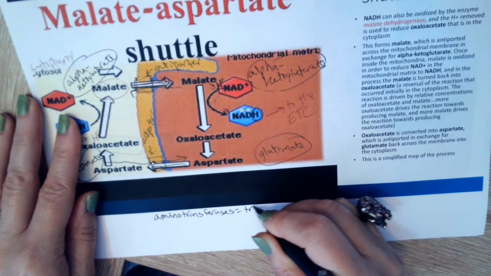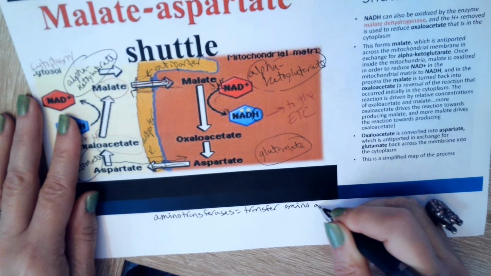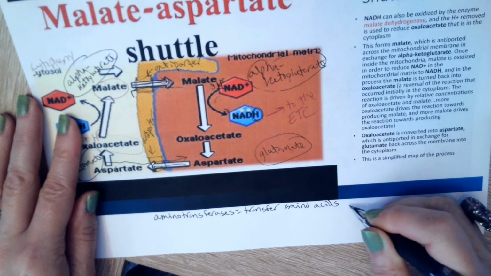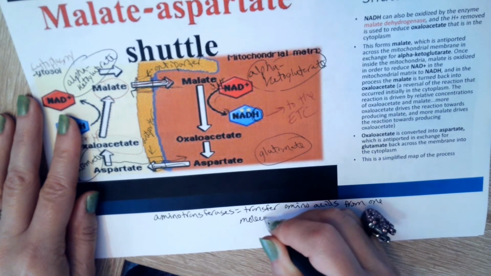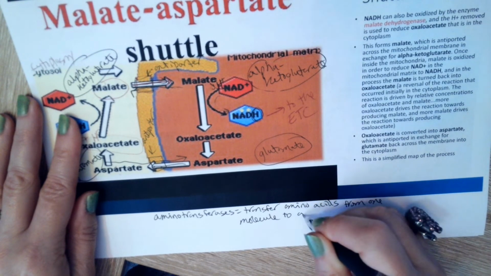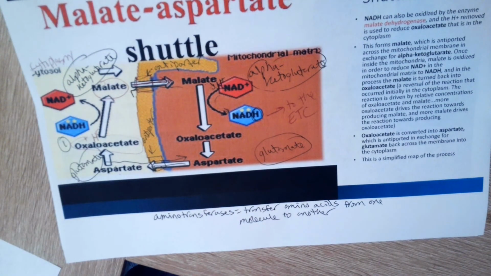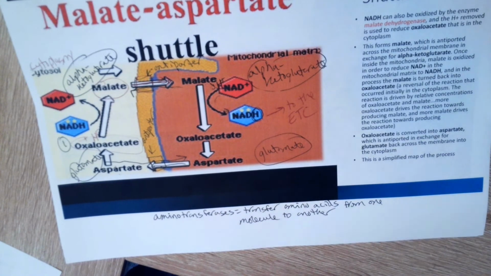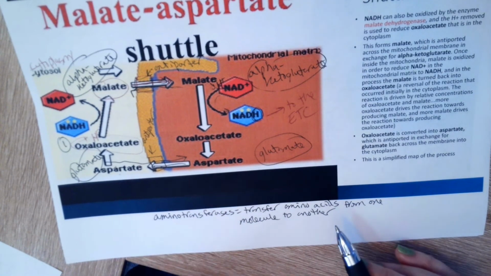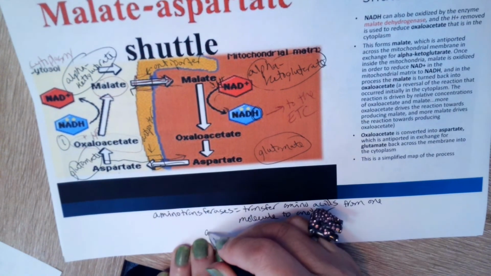So they transfer amino acids from one molecule to another. Essentially one molecule is going to be donating an amino acid, and one molecule will be accepting it, one molecule will be aminated.